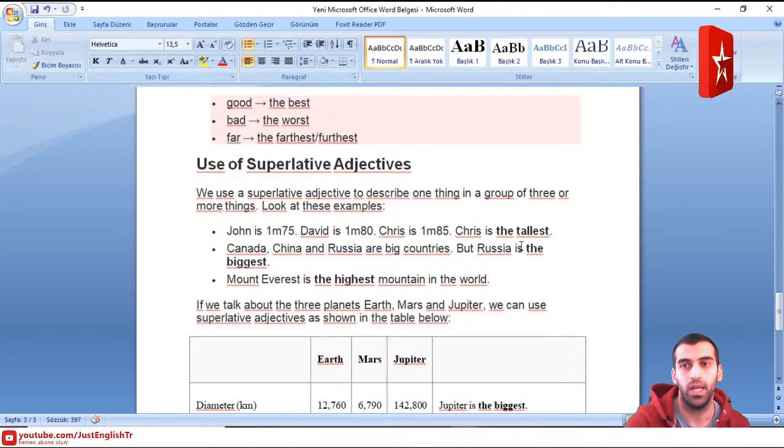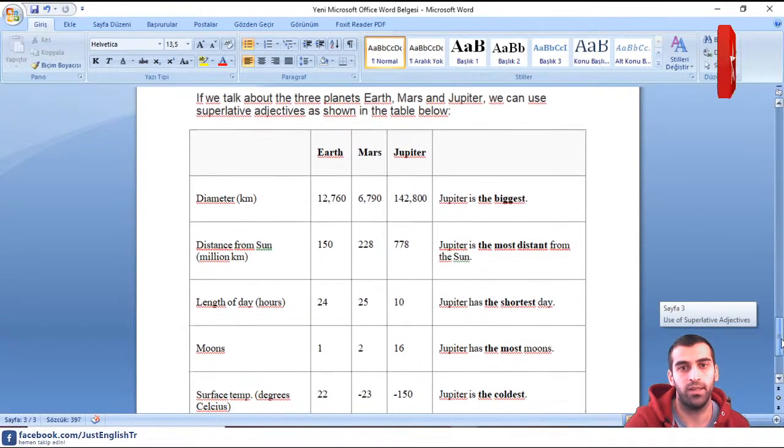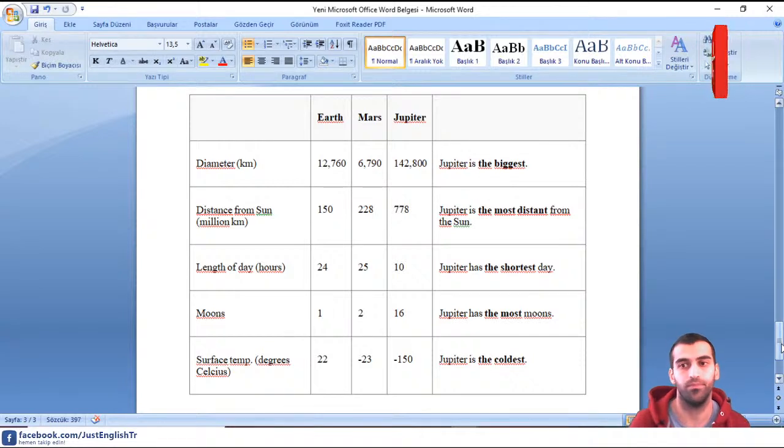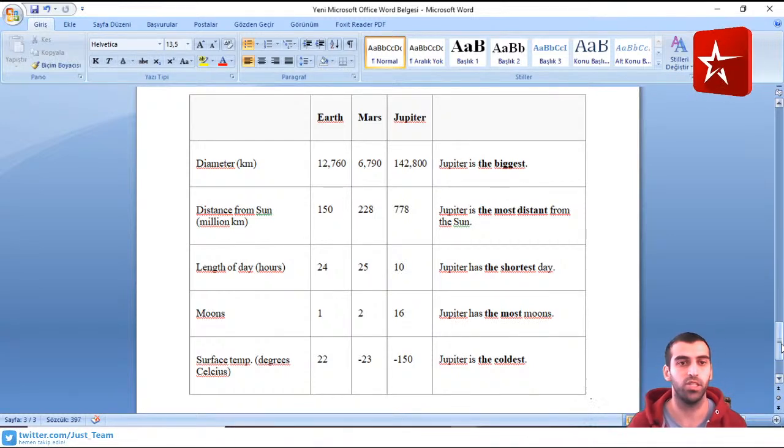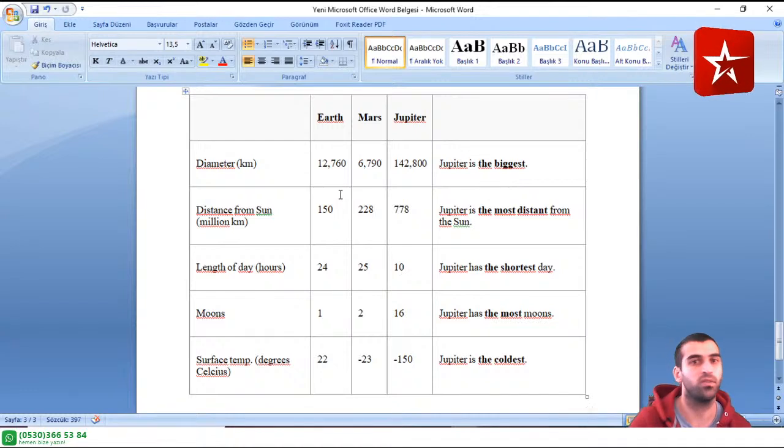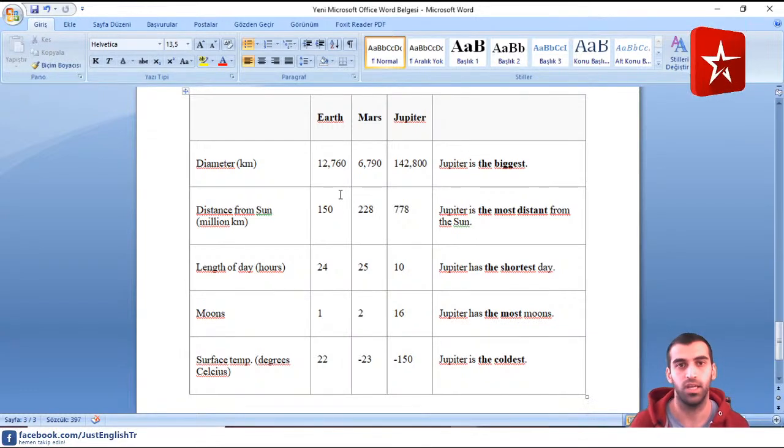All right, let me show you another example. Planets like Earth, Mars, and Jupiter. Diameters, distance from the sun: we have some measures here. You can see lengths of the day in hours, moons, surface temperature in degrees Celsius. As you see, the diameter of Earth is 12,760, Mars is 6,790, Jupiter is 142,800.